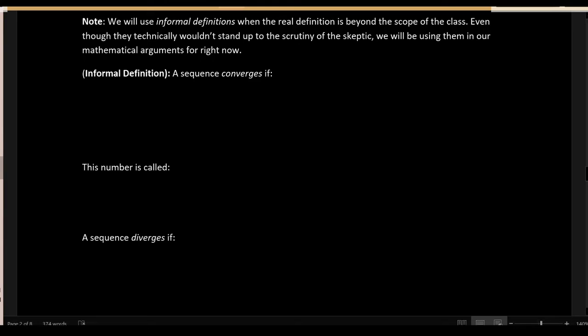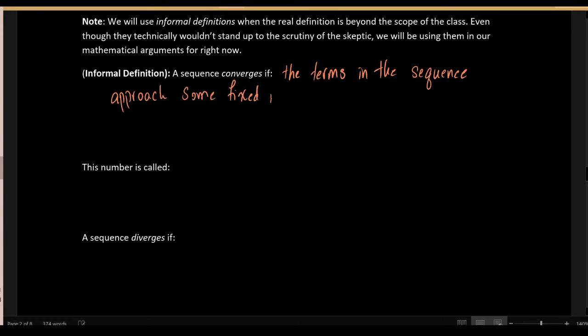So here is an informal definition for the term converge. A sequence converges if the terms in the sequence approach, or in other words, get closer to some fixed number, let's call it L, as n gets infinitely large.